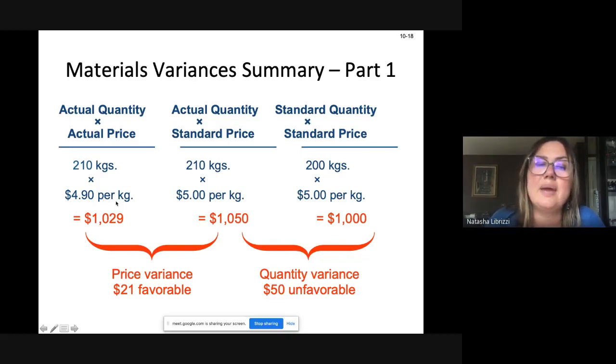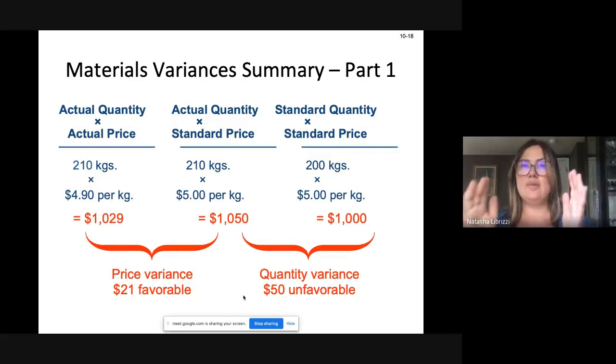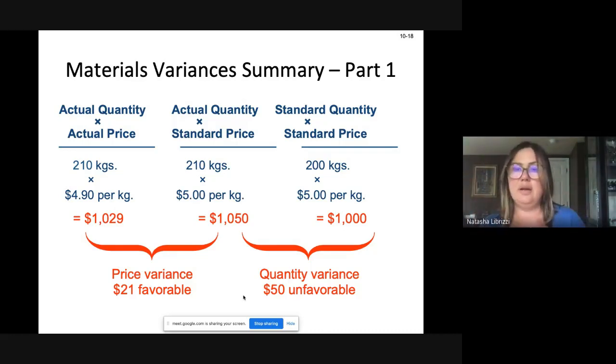We're not giving benefit of that 10 cents of savings into the quantity variance because it's two separate issues, and that's the whole thing. You're trying to separate them. So in this case, you end up spending $50 more than you should have, so that makes it an unfavorable variance for material. In this case, whatever you bought, you used in production, and it's all together.